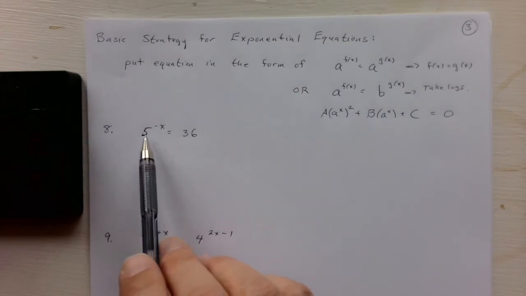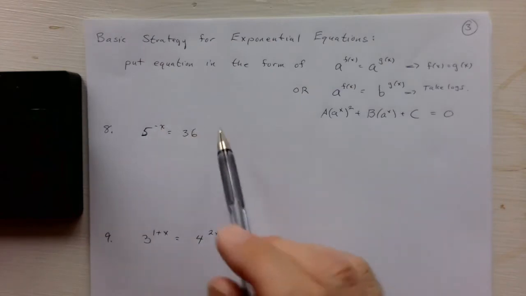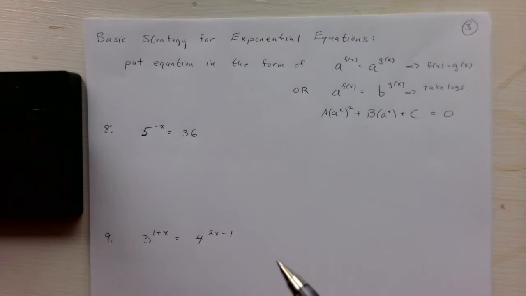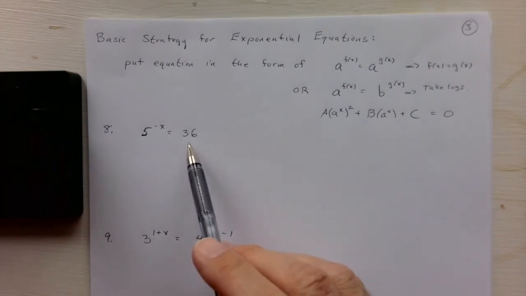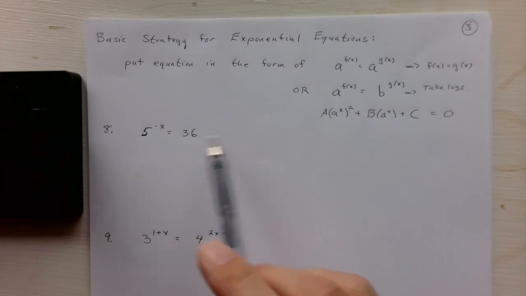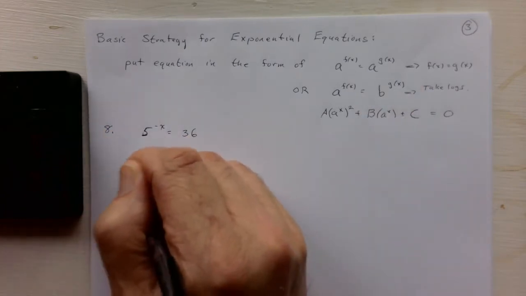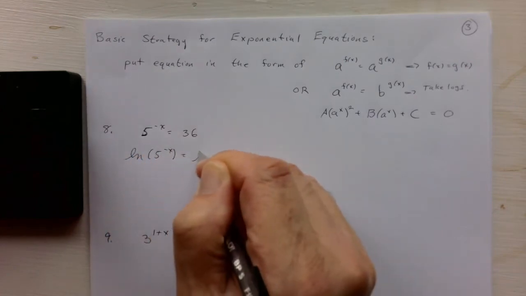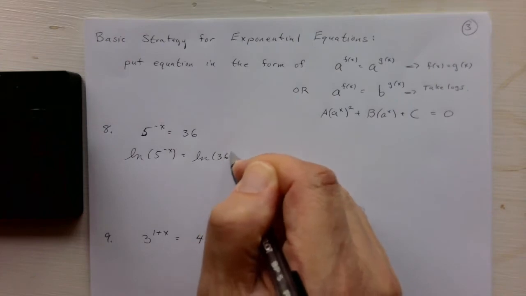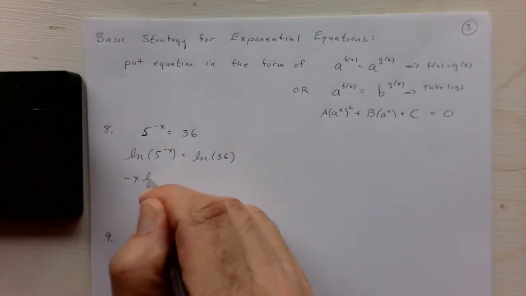All right, so for example 8, we can see that the bases are going to be different. This is 5 to the minus x equals 36 raised to the first power. What we could do is rewrite this in terms of log base 5, but because it's already in this form, we'll take the natural log of both sides. Then the minus x comes out front.